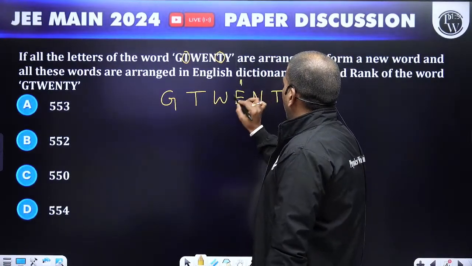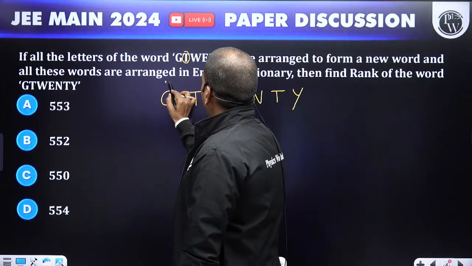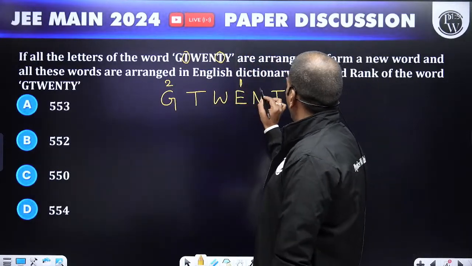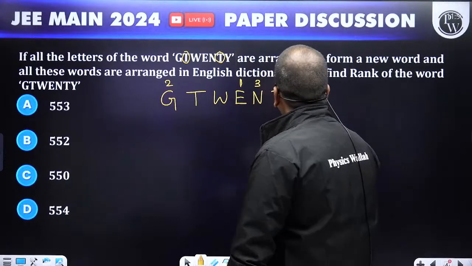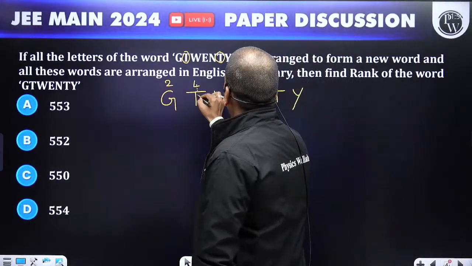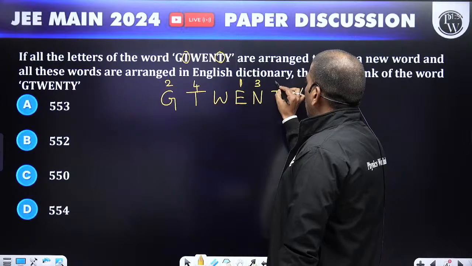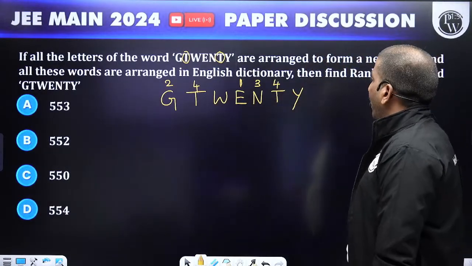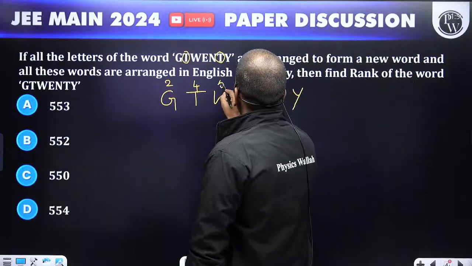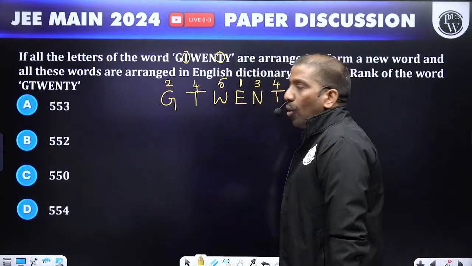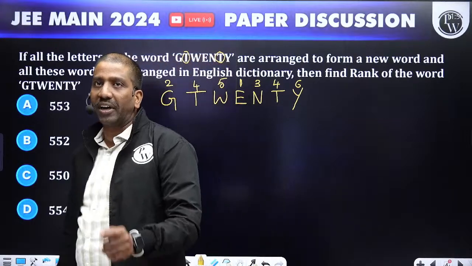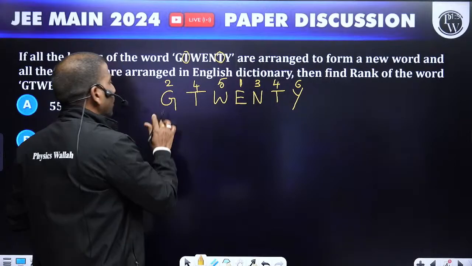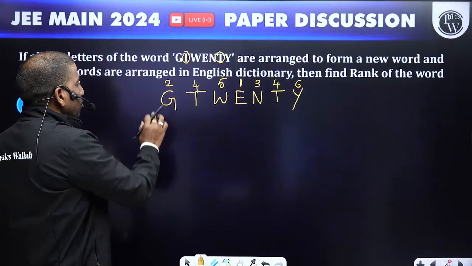The second one is G, then H, I, J, K, L, M, N, P, Q, R, S, T, 4. Here T is repeated twice, so I'm giving 4 for both T's. Okay. So next 5, this is 6. So what is the shortcut method, in one step how can we write this answer? Look at the first letter, G, right?